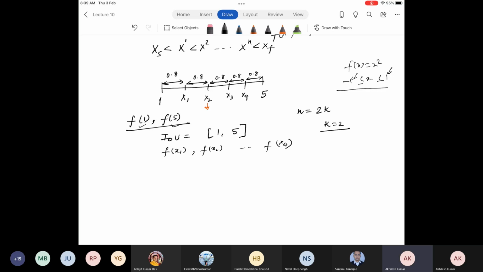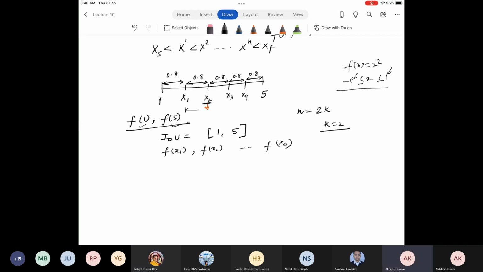So if x2 happens to be the minimum, what is the final interval of uncertainty? I'm saying it can be 2 to 3 or 1 to 2.